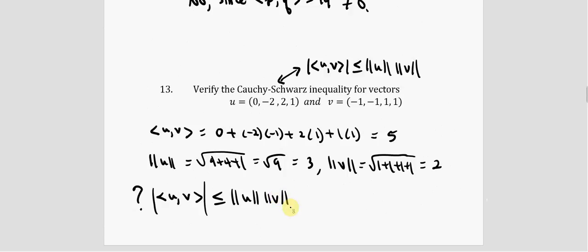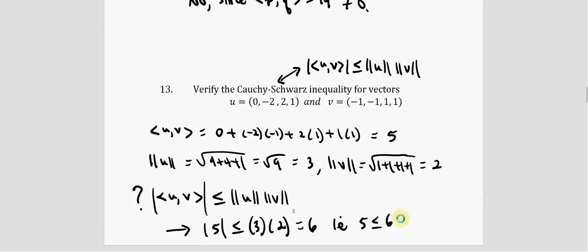Well, let's see. The absolute value of 5, is that less than or equal to the norm of u, which is 3, times the norm of v, which is 2, we get 6. So indeed, 5 is less than or equal to 6. Good.